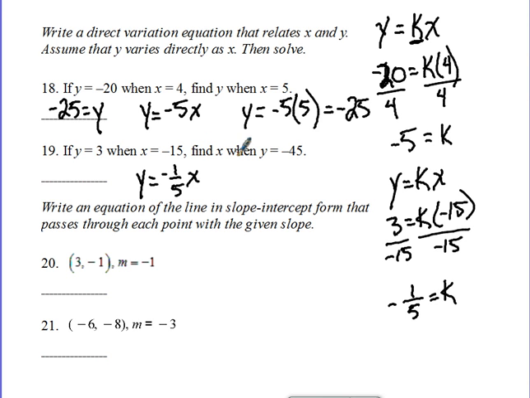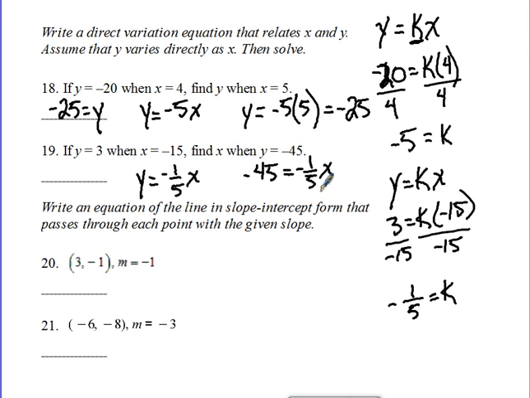Well, let's find x when y is negative 45. Negative 45 equals negative 1/5 times what? Well, if we divide both sides by negative 1/5, it's the same thing as multiplying by negative 5.